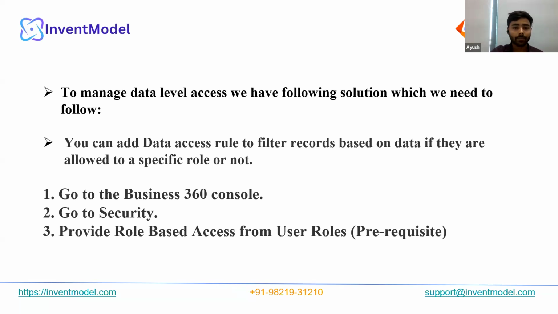First of all, we have to go to data access rule, which is in the Business 360 console, and under that, we have to go to the security section. Then we have to define a role for the particular user. Only after that can we control data level access.